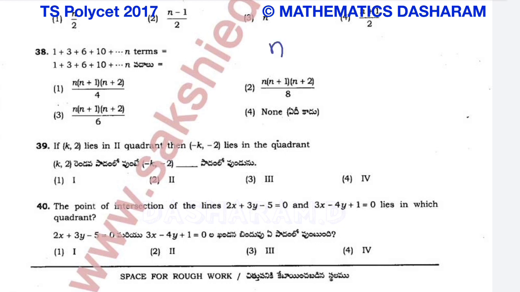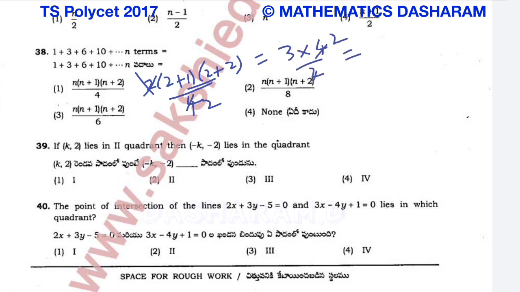So in which option, if you substitute n equals 2, will you get the answer 4? Let us verify. In the first option, here 2 into 2 plus 1 into 2 plus 2 divided by 4. 2 ones are 2, 2 twos are 4, 2 plus 1 is 3, 2 plus 2 is 4 divided by 4, 3 twos are 6. But here the first two terms' addition is actually 4, but we got 6.